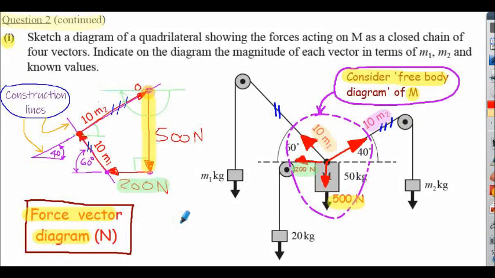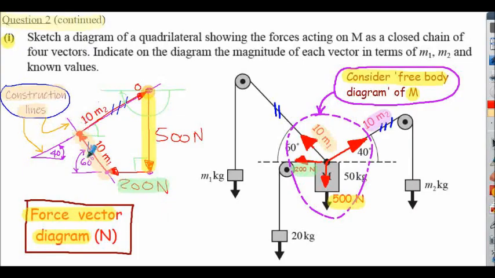But we don't know the specific values of the other vectors. So what we're going to do is construct a diagram by using what we term construction lines. Using a protractor, we draw at the end of the 200 newtons a line in the direction of the 10m1 force. We just draw it through the point at the end of the 200 newtons force.